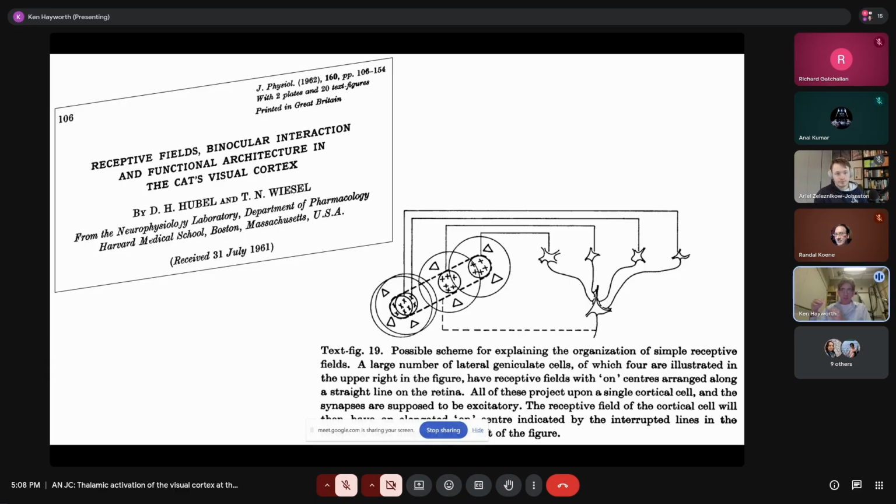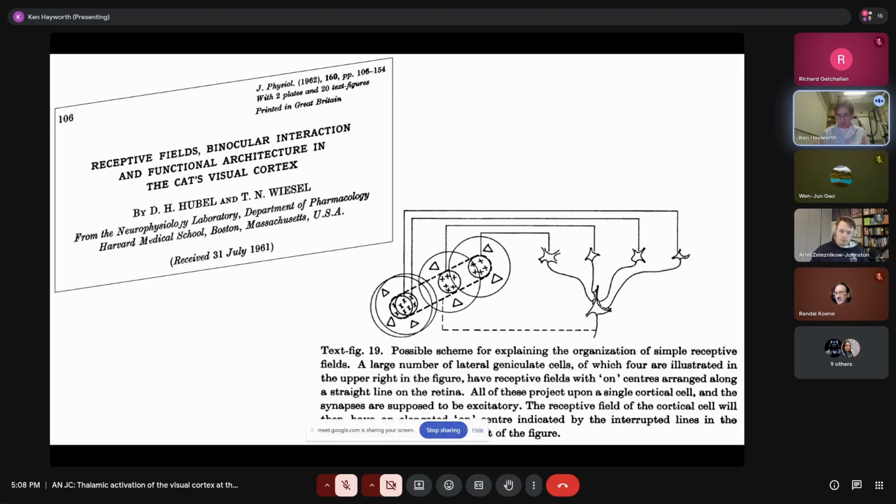Maybe the cells in layer 4 of the visual cortex that look for lines or edges are really just collecting synaptic inputs from a whole bunch of LGN cells that are in a line. That's what they proposed in this 1962 paper, and you will see that it is 100% correct.